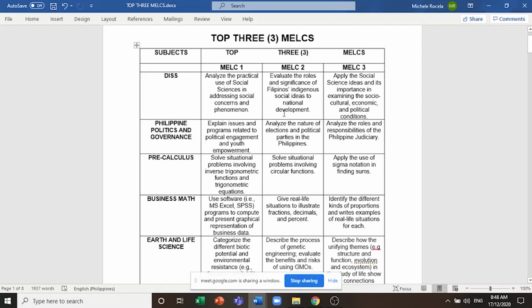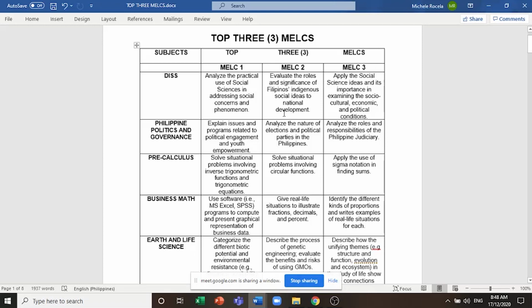For Philippine Politics and Governance, explain issues and programs related to political engagement and youth empowerment. Second MELC, analyze the nature of elections and political parties in the Philippines. And last one, analyze the roles and responsibilities of the Philippine judiciary.